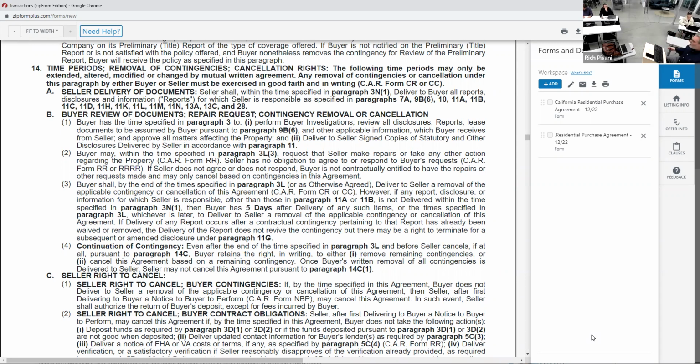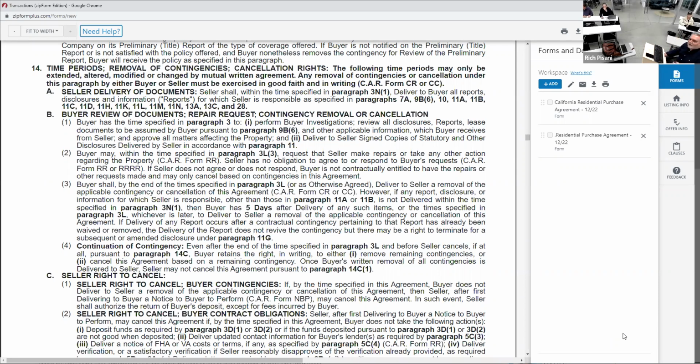They piss you off in the future, or they ask for too many repairs, whatnot. If they perform, you have to sell it to them. So make sure that they are aware that that's the only reason that they can cancel, is if the buyer doesn't perform. But if the buyer ultimately performs, they're the new owner of that house.